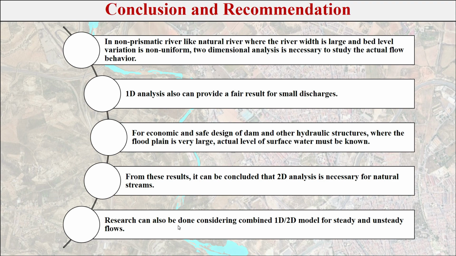Here we did separate one-dimensional and two-dimensional models, but we did not perform a combined 1D and 2D model simulation. So in the future, we can use this project for a combined 1D and 2D model and compare the results. Okay, thank you.